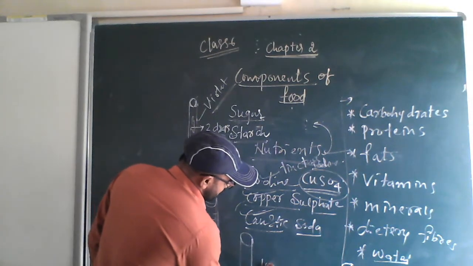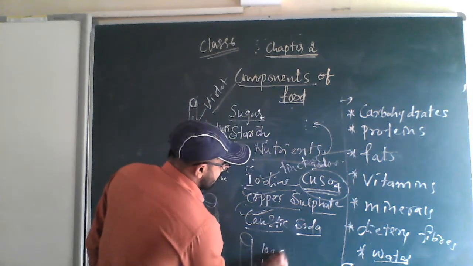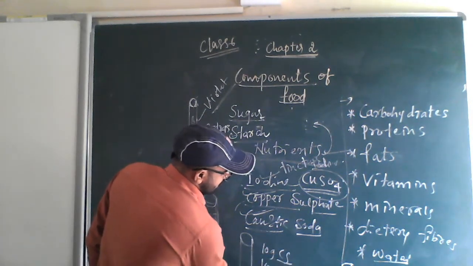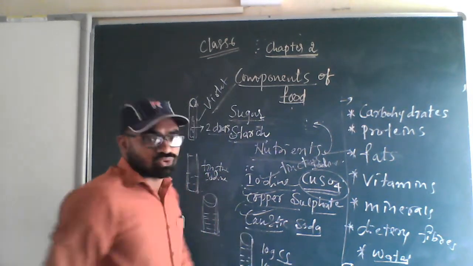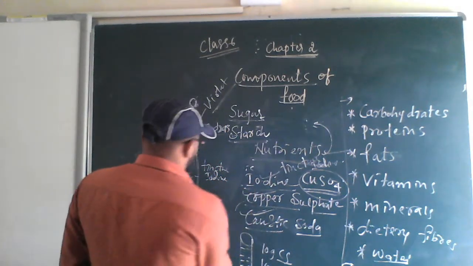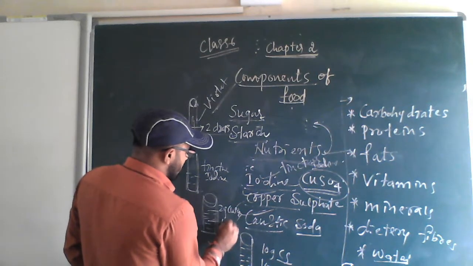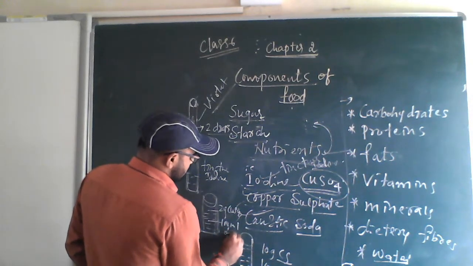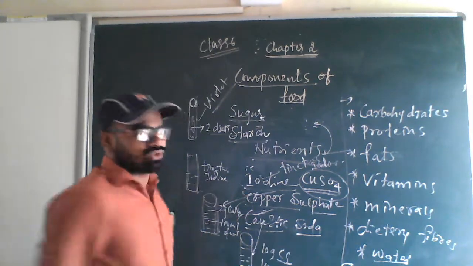Then for copper sulfate solution, put 2 gram of CuSO4 in 100 ml of water. So this one is copper sulfate solution, this one is caustic soda solution.